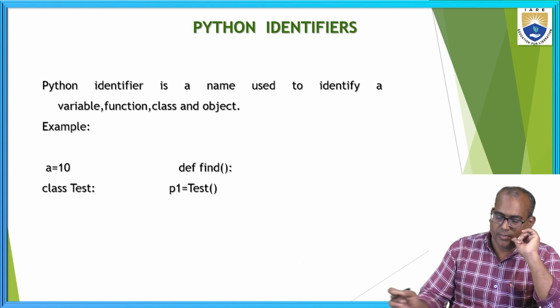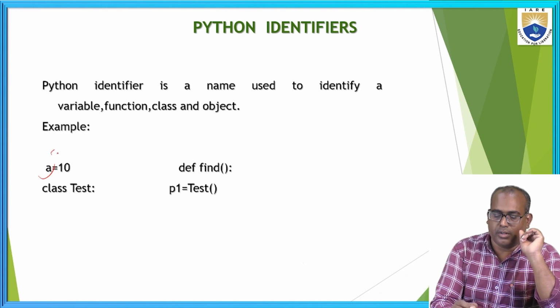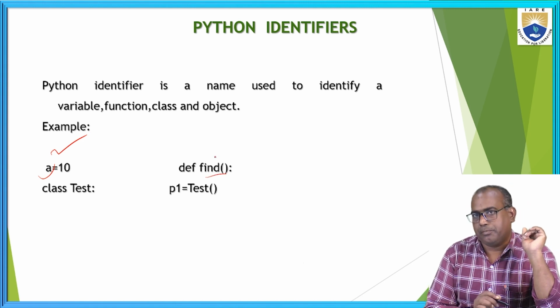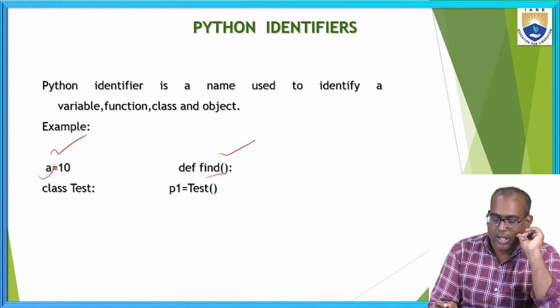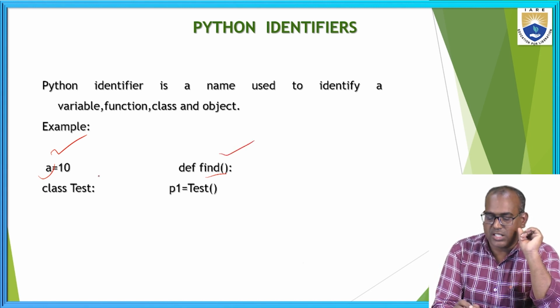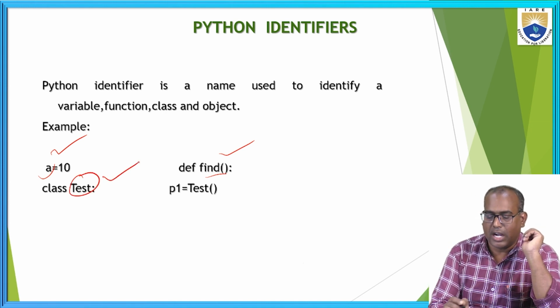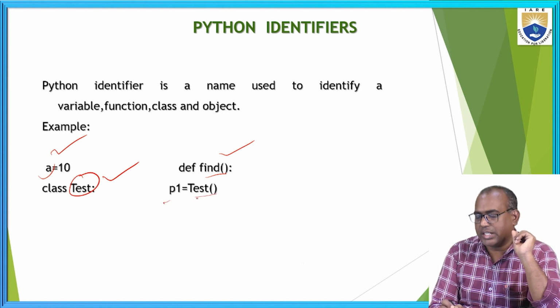If you observe here, A is the variable, this is an identifier. Here find is the function name. Okay, this is one identifier. Here is the class name, class test. This test is the class name. Okay, this is an identifier. Here p1 equals test, I'm creating the object.